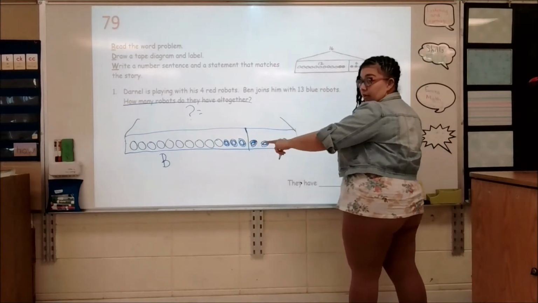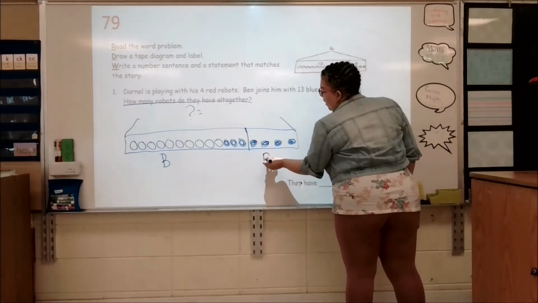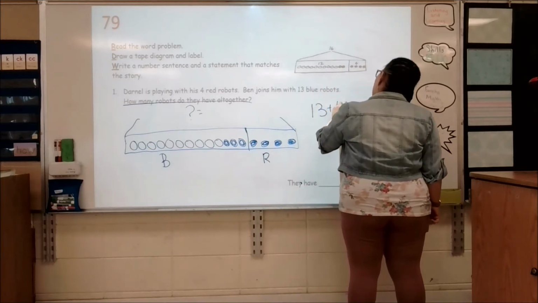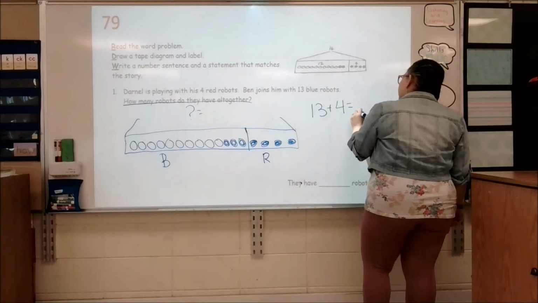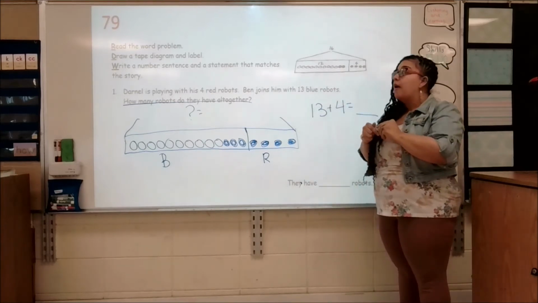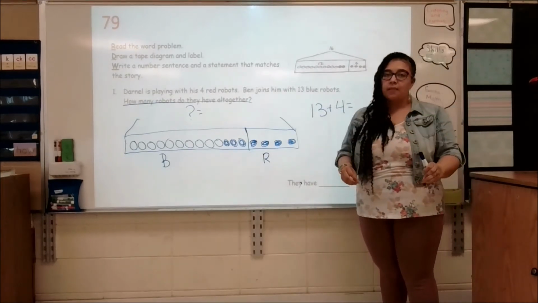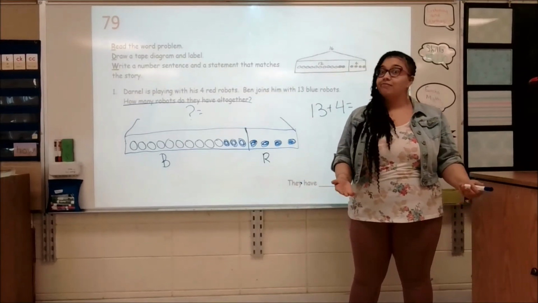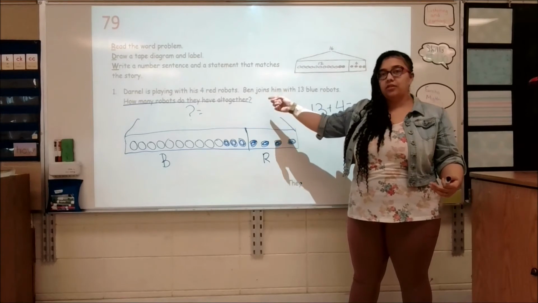So we can start with 13 after we've labeled the red robots. We can say 13 plus 4 is equal to blank. We don't have to start with the 4, but we can't say for our number sentence that 10 plus 7 equals our solution, because that doesn't match the question.